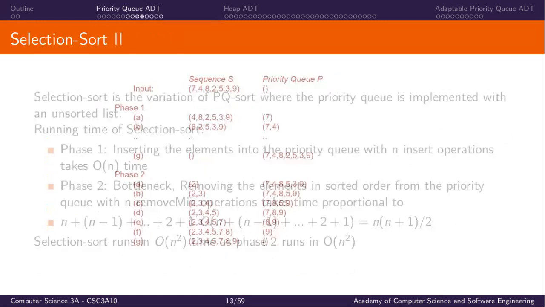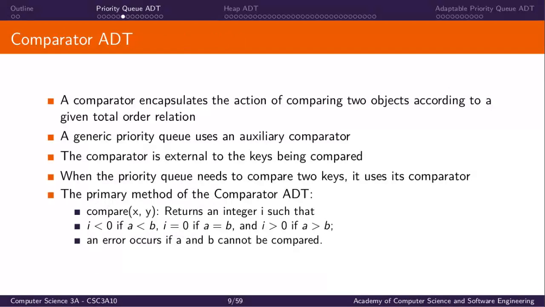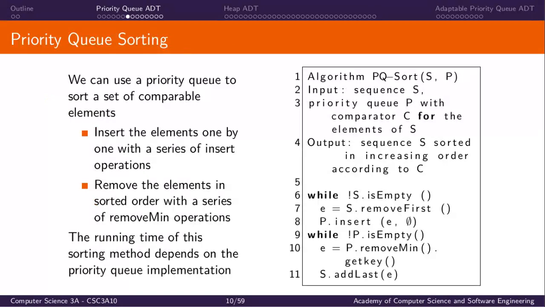Let me just go back to that slide. We hadn't talked about anything for that. So whilst a priority queue stores entries that are key value pairs, if we want to use a priority queue to sort a sequence of elements, we will use the element values as our key.